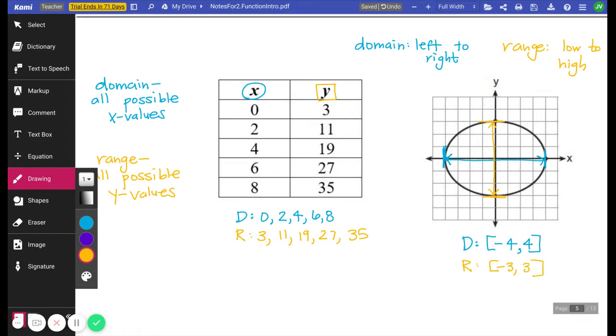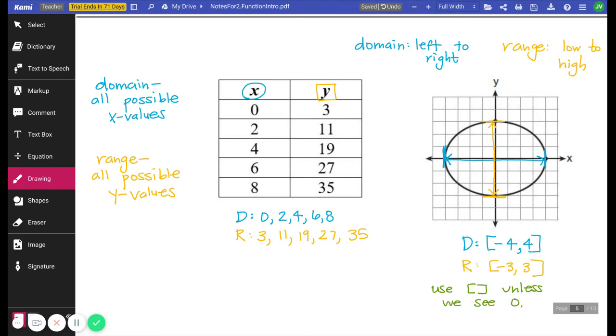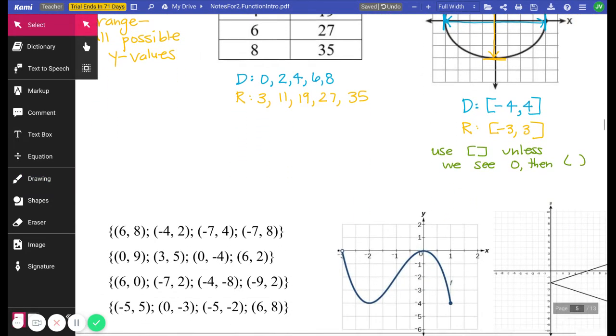And then it goes up to +3. Okay? So a quick little side note. We use brackets unless the spot in the graph we're looking at has an open circle. Then we use parentheses, and I promise I'll show you what that looks like in action. Okay? So that's domain and range when we're looking at a graph.